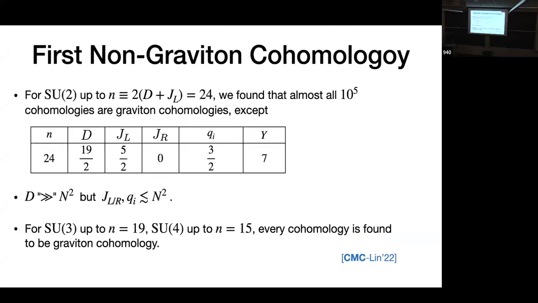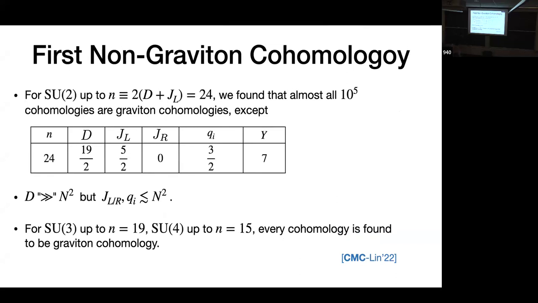Okay. So basically, let me be more specific. For the SU2 case, we went up to this combination. I will call it level n, and that's 2 times the dimension plus a particular combination of spin.